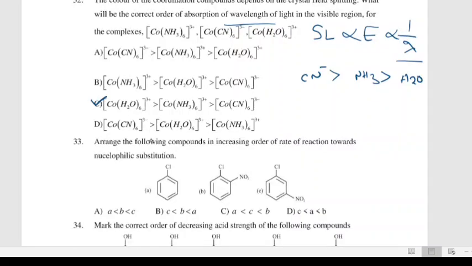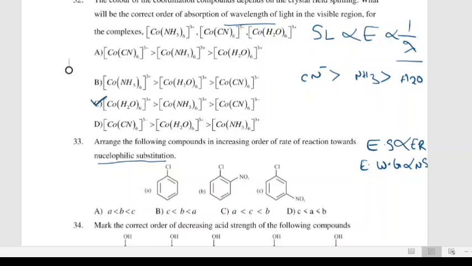Let's move to the next one. Arrange the following compounds in the increasing order of rate of reaction towards nucleophilic substitution reaction. If we consider electrophilic substitution reactions, they are directly proportional to the electron releasing groups. Electron releasing groups increase the electrophilic substitution reactivity of the compound, whereas electron withdrawing groups readily increase the nucleophilic substitution reactions.